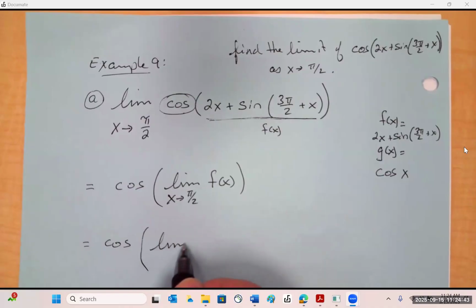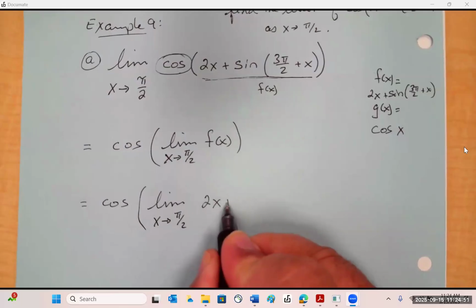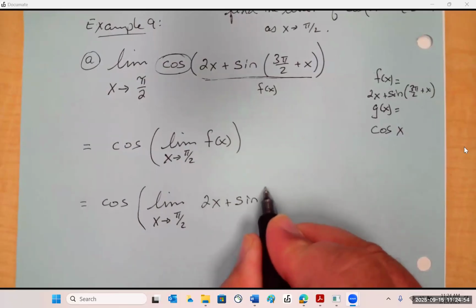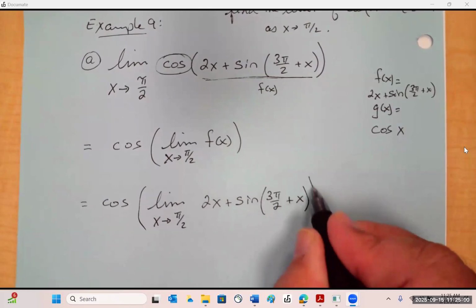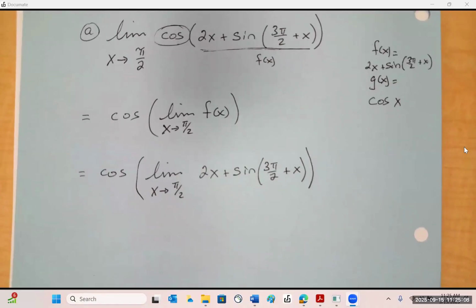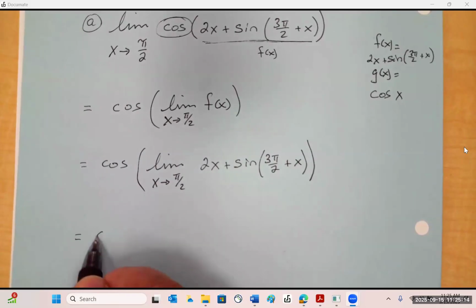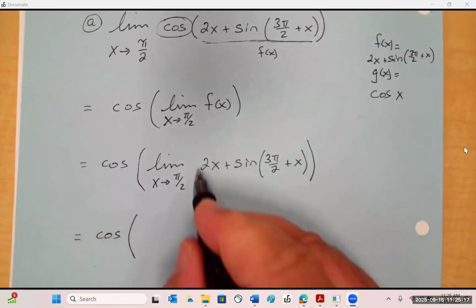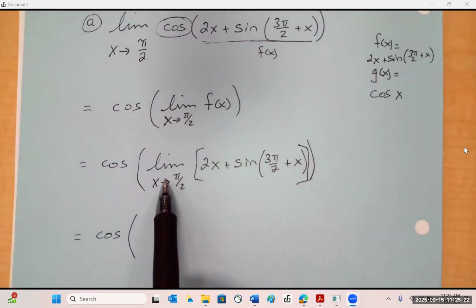So we have to find the limit as x approaches pi over 2 of 2x plus sine of 3 pi over 2 plus x. Again, using theorem 1, take the limit of this expression.